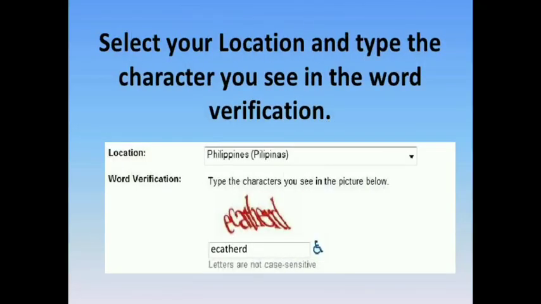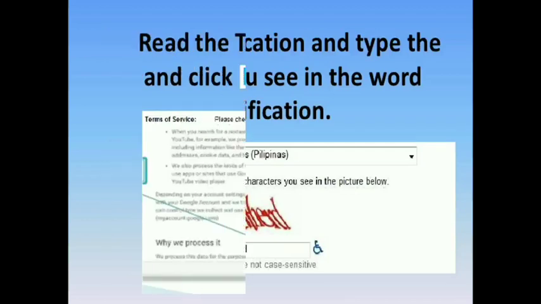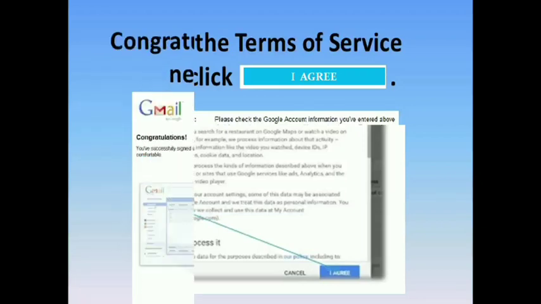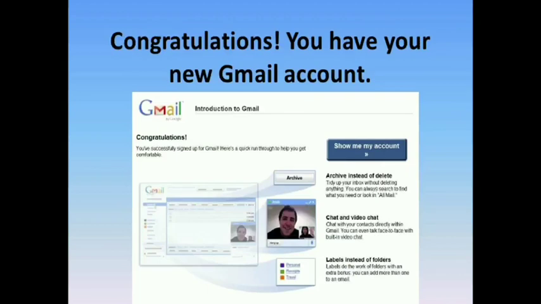Select the location where you live, and type the characters you see in the word for verification, which is called captcha. Now read your terms and conditions carefully and click on the I agree button. Congratulations, your account is created.